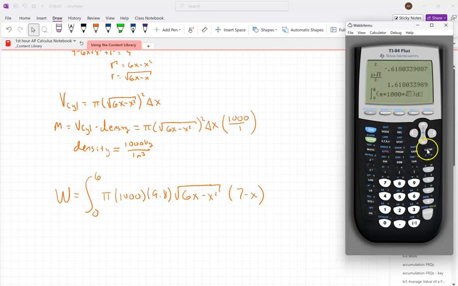Oh, I'm not even going to bother with that. Shoot. It's the wrong button. So then I have, instead of writing it this way, I'm just going to write it as 6x minus x squared, where the squared cancels the square root.